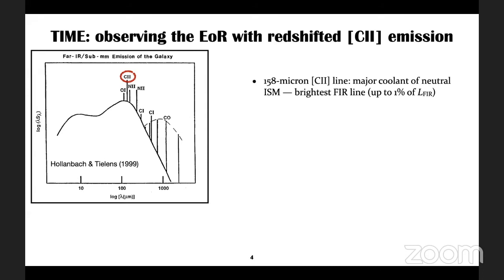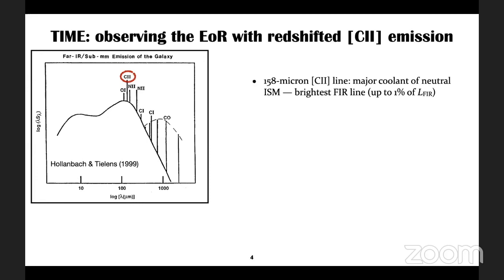They won't be available directly from our TIME data set, but by combining with some ancillary data, like the observation of [OIII] or even some nitrogen lines, we're hoping to use this multi-tracer technique to help us better understand how we should convert our [CII] intensity into star formation rate estimation.